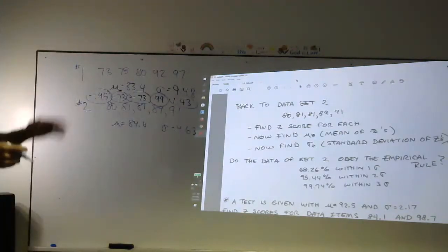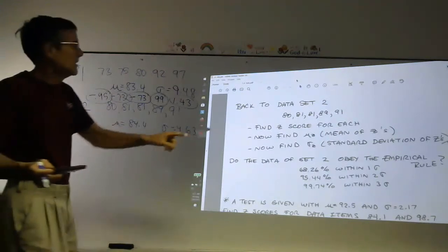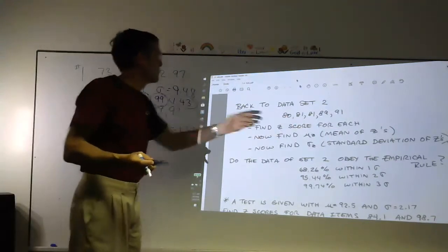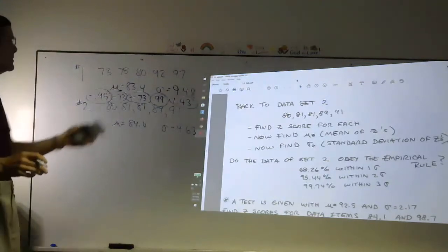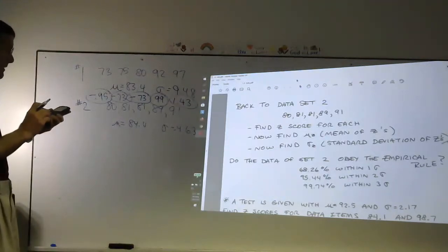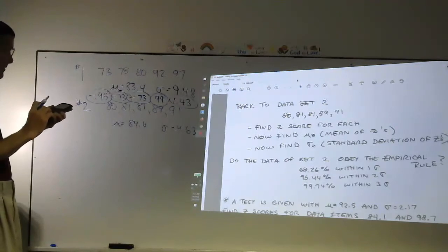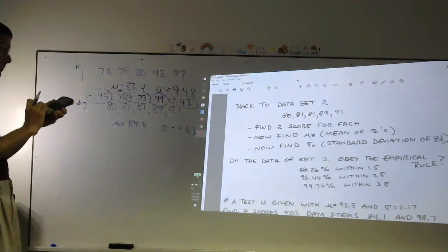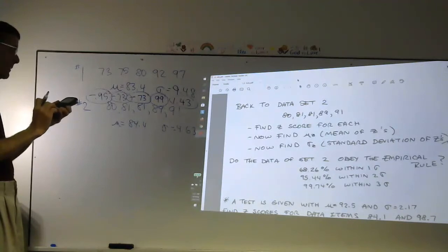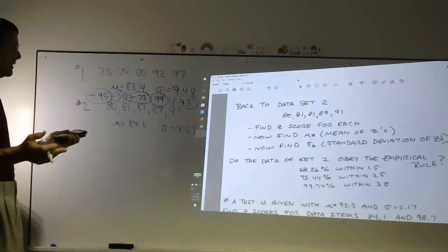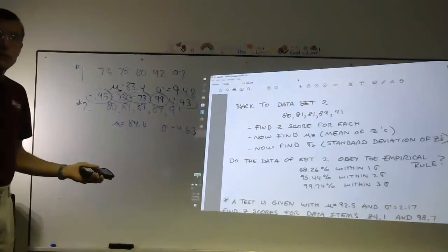Okay? Now, this is going to get a little freaky here. Let's find the mean of the z-scores. Whoa. So I'm going to add these up. Negative 0.95 plus negative 0.73 plus negative 0.73 plus 0.99 plus 1.43 equals, and I get about 0.